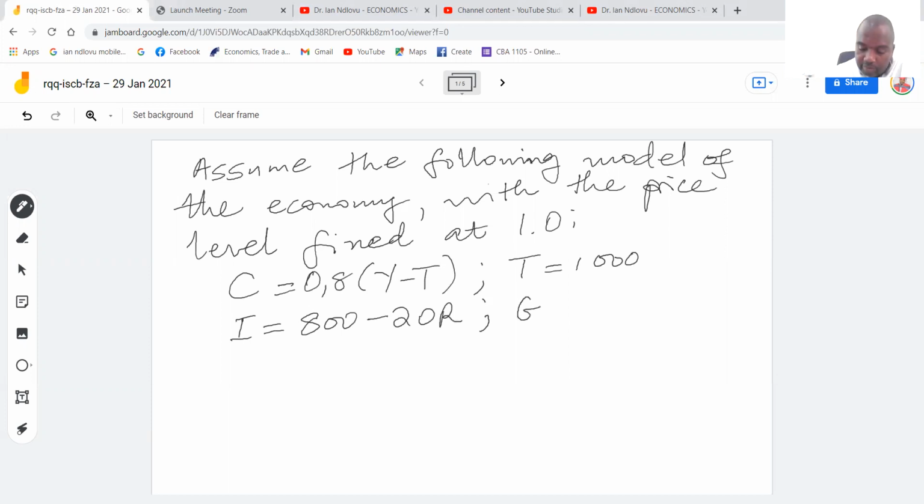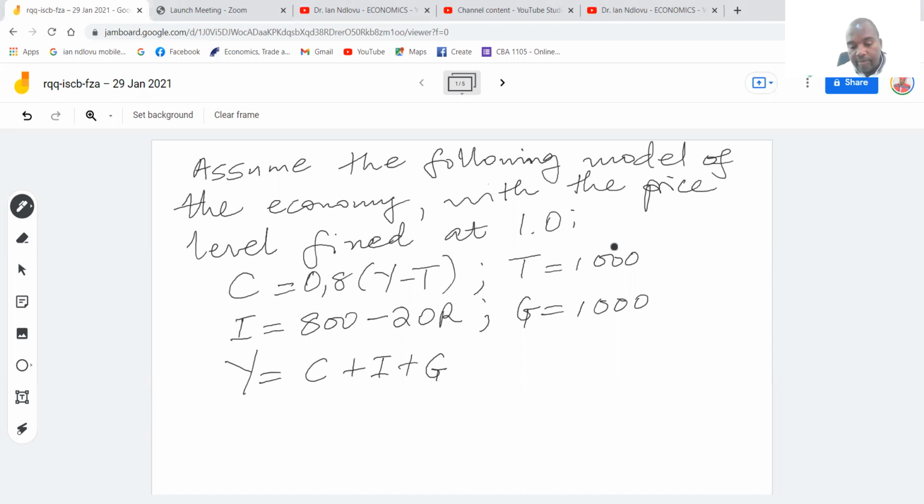Our government expenditure, G, is equal to 1,000. Our Y is given as C plus I plus G.